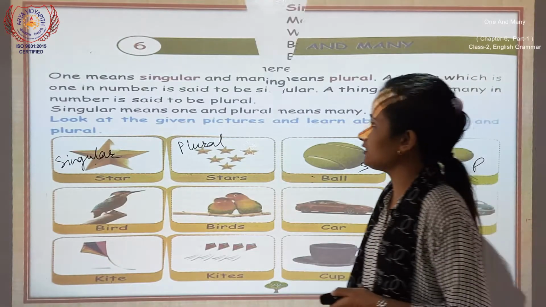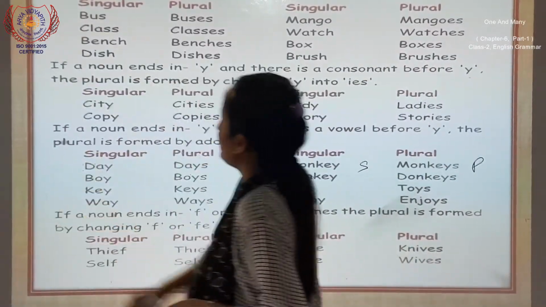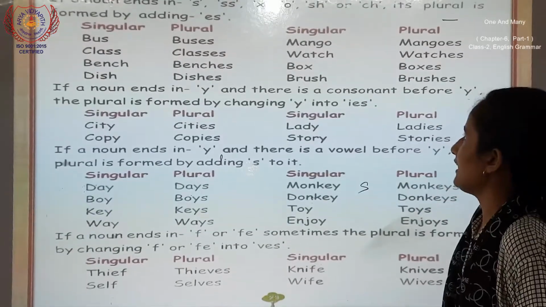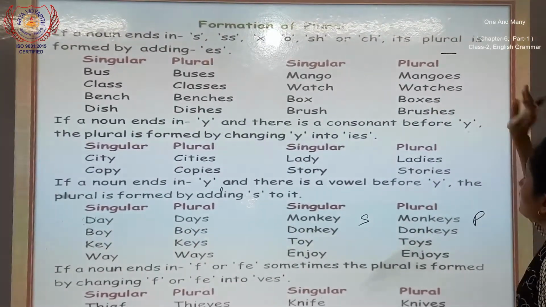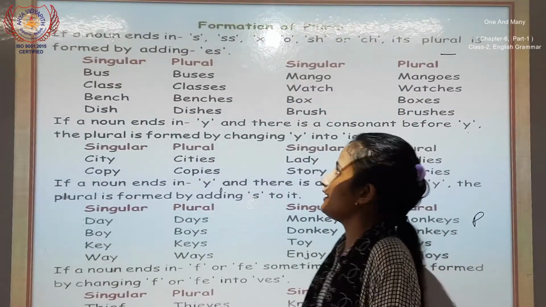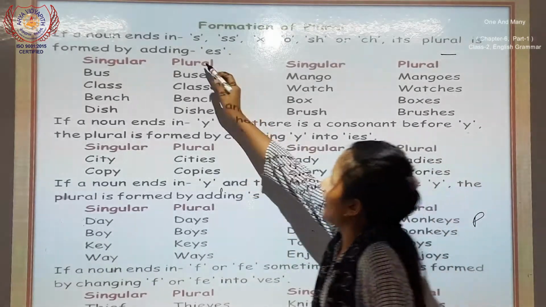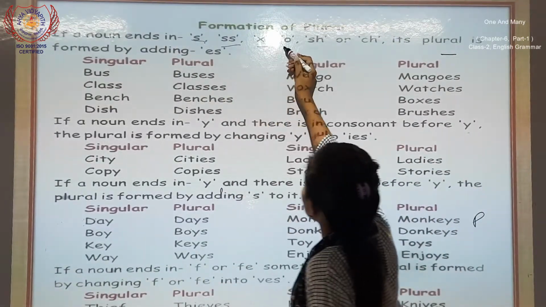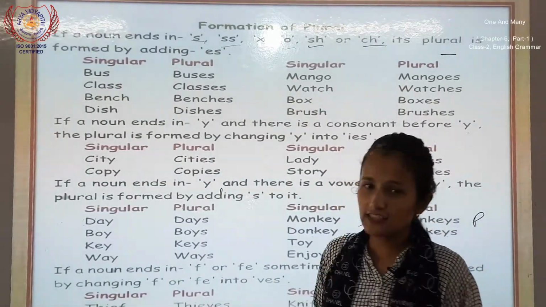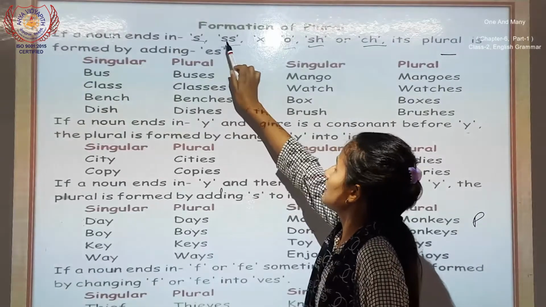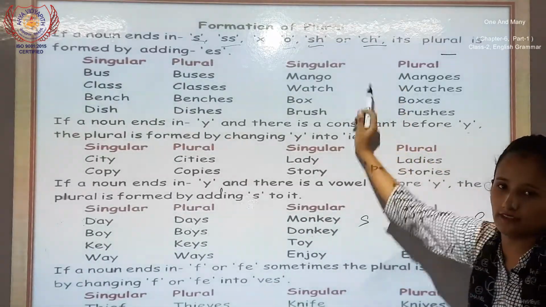Okay. In next page, you can see there. If a noun ends in s, ss, x, o, sh or ch, its plural is formed by adding es. Whenever word ends with s, ss, x or o, sh, ch, कभी भी आपका word last end में s, ss, x, o, sh और ch से end होता है, कभी भी.